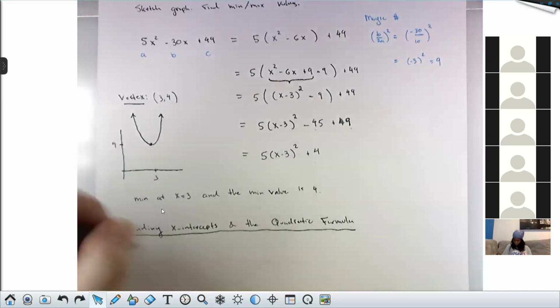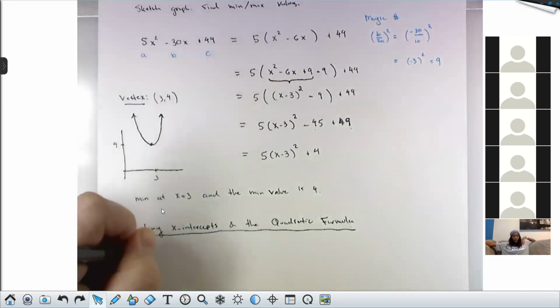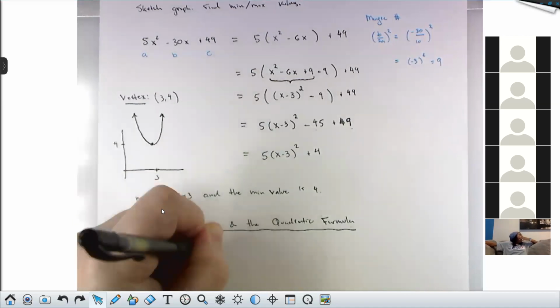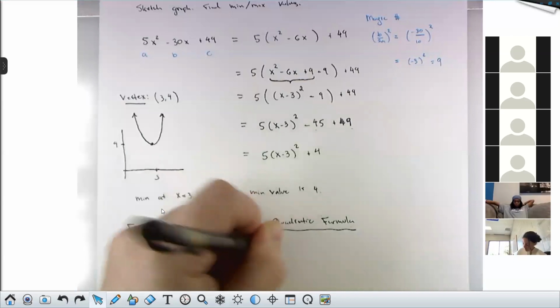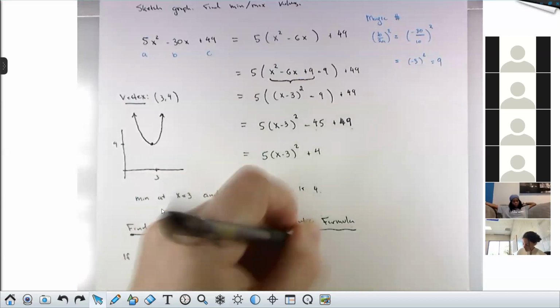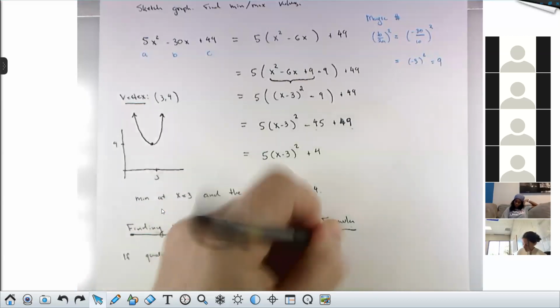So if the quadratic can be factored, what most people learn is called the AC method.